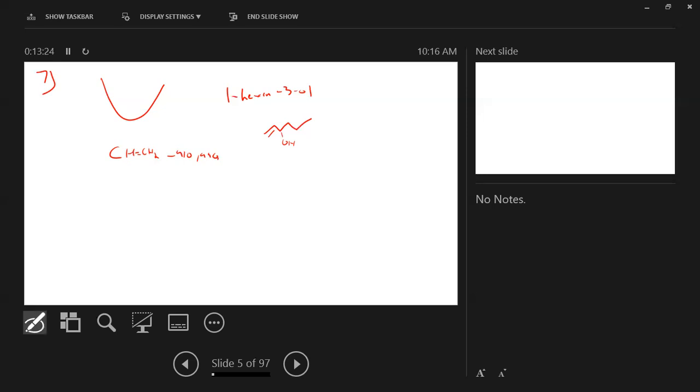We can put 8 on the same slide. It says consider the IR spectrum of the unknown compound. Which compound matches the IR spectrum the best? And they give us 6 different compounds to look at, and we have a really sharp peak at 1685. So that's going to be telling us something, and that's going to correspond to a carbonyl peak.